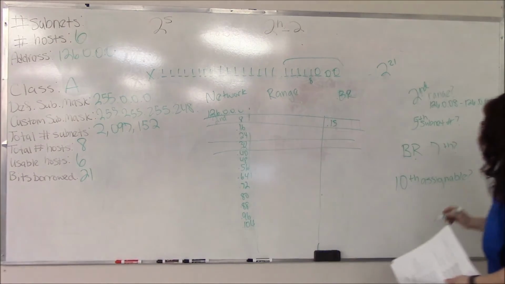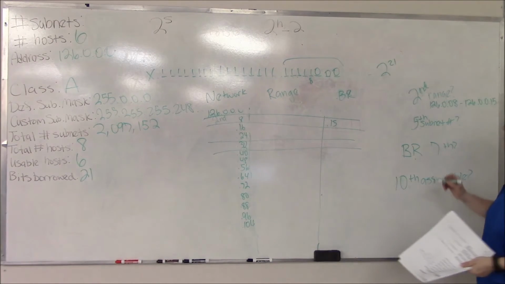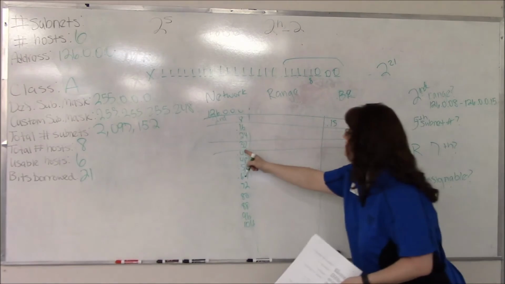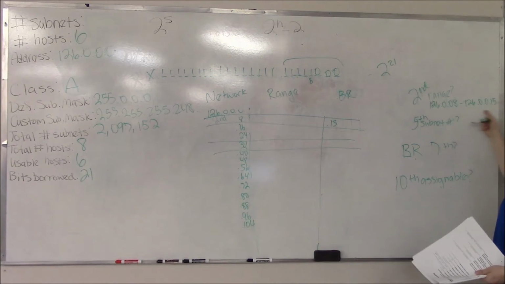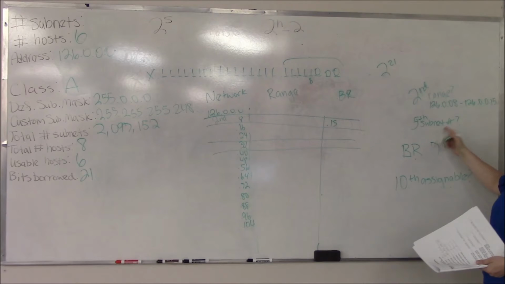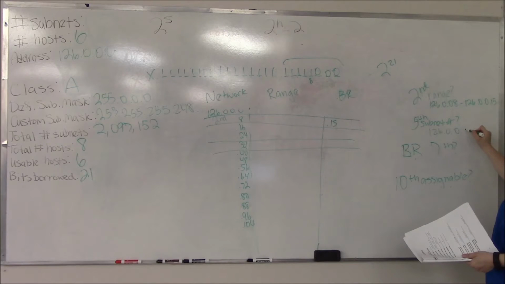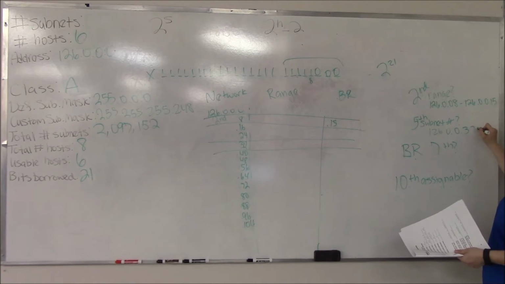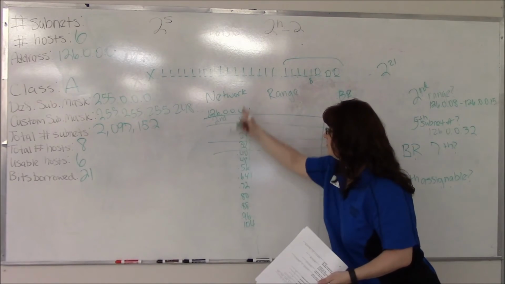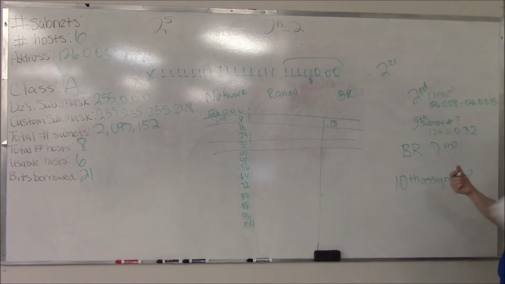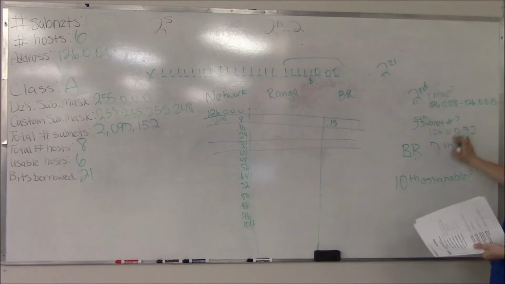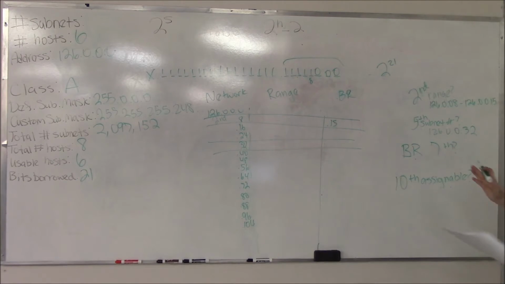So what's the whole address? 126.0.0.32. We're looking for the subnet number, so we're right here. Get in the habit of saying 126.0.0.32. So just be sure to pay attention to that. That's our fifth subnet.